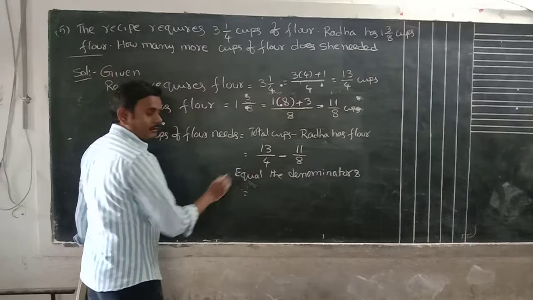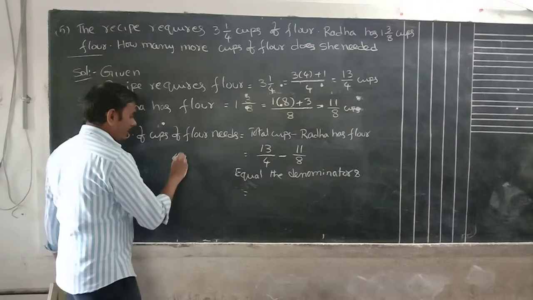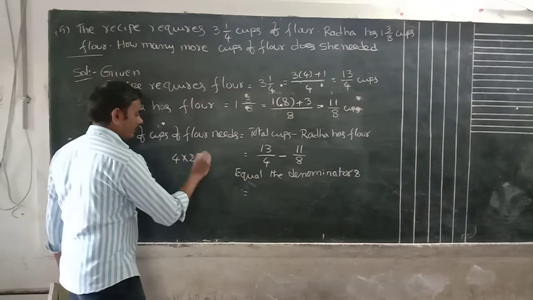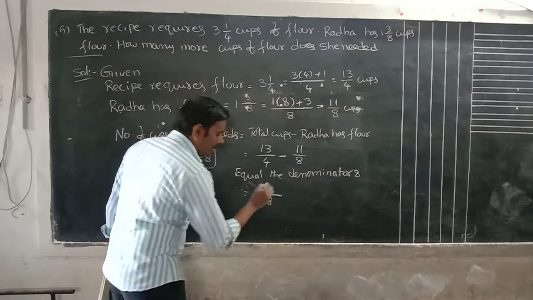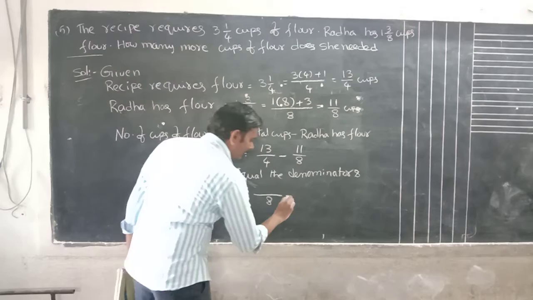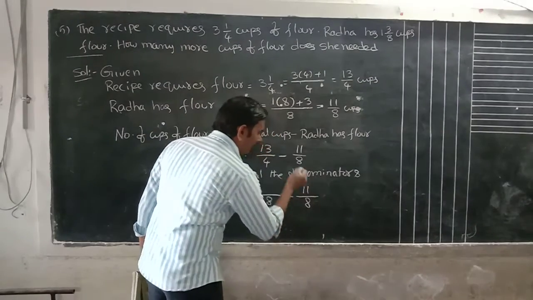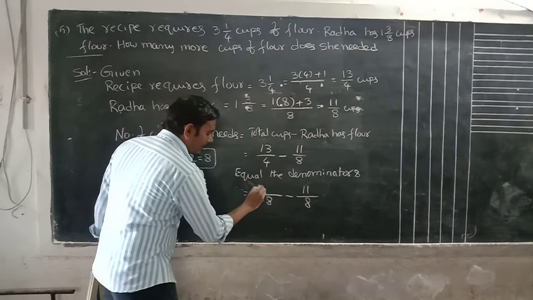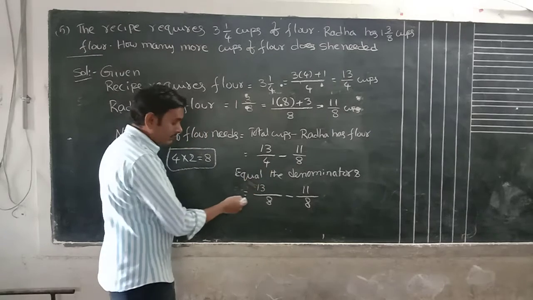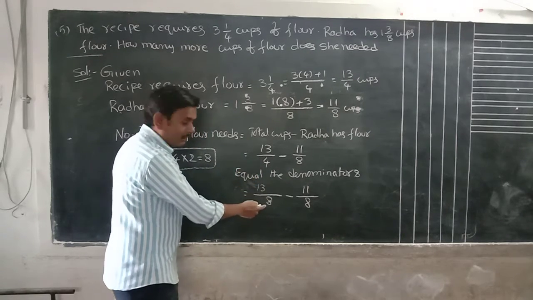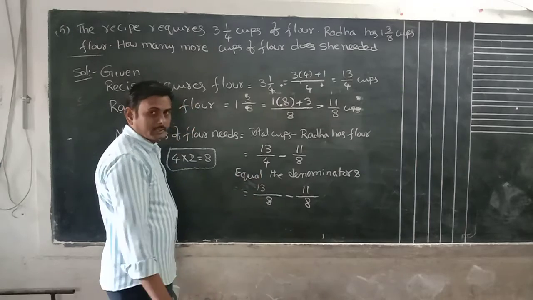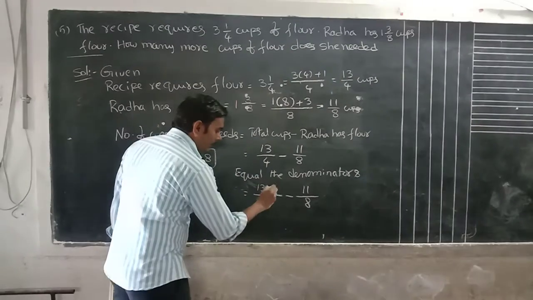In the 4 table, 8 comes from 4 twos are 8. Equal the denominators means what is the requirement? Here also we want to get 8 minus 11/8. Already 8 is there. Here I want to get 13/8. 4 becomes 8 here, so we have to multiply by 2. That one is multiplied to the numerator.